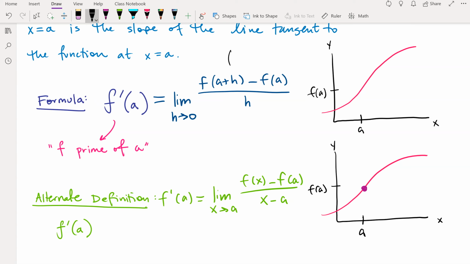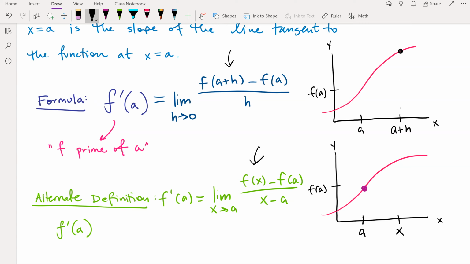Then let's add two things to our graph. So for this graph, the top one, we're going to add a plus h as an x value. So we're adding something to a, so it's going to be to the right, a plus h. And then for the next definition of the limit, we're just going to add the x value x to the right. So x would be to the right. And then we need to add those corresponding y values.